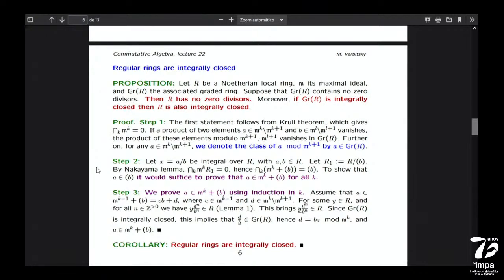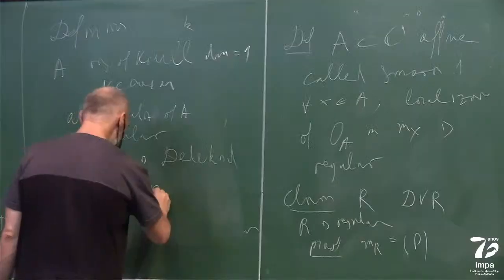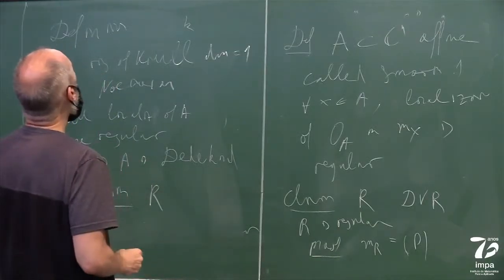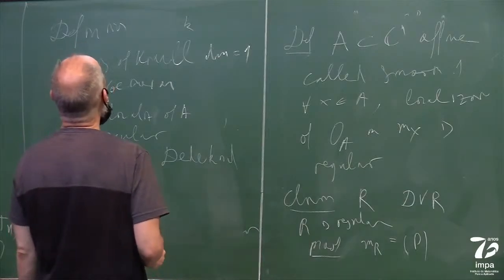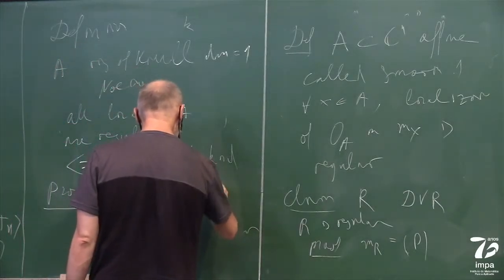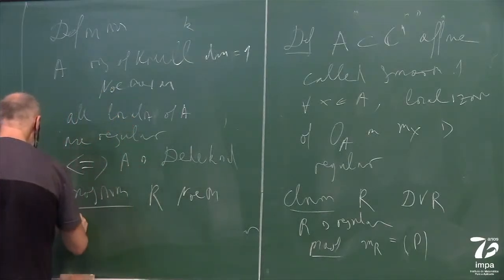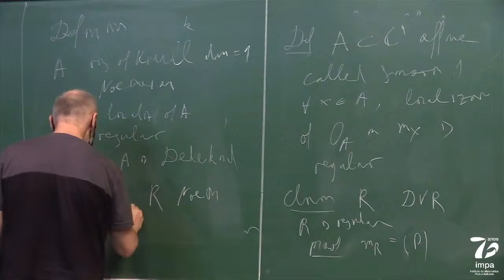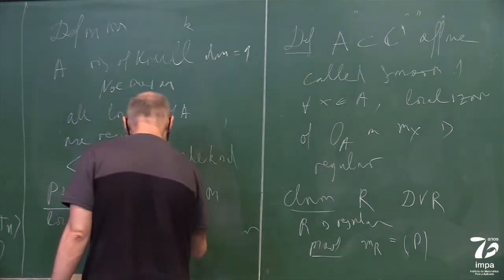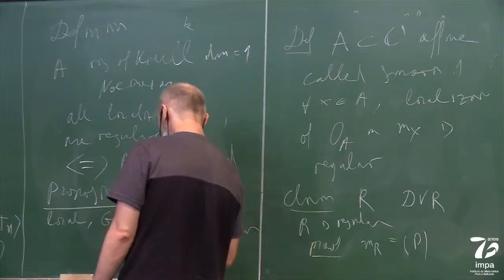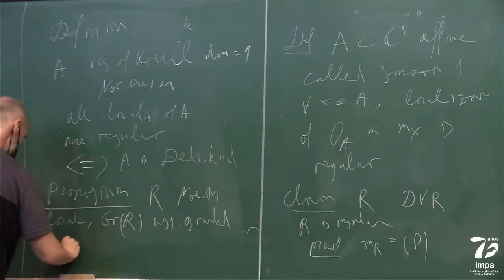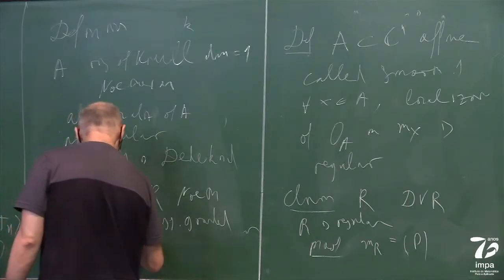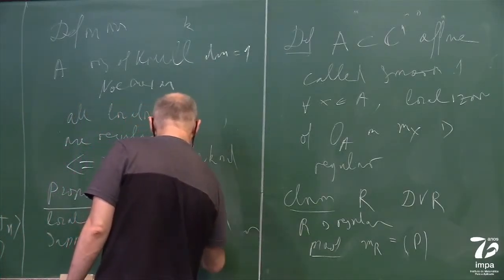So, proposition. Suppose R is a Noetherian local ring, and gr R is the associated graded ring, and suppose that it has no zero divisors.